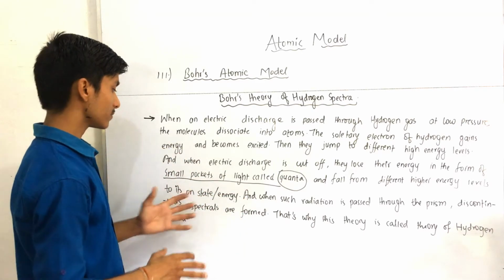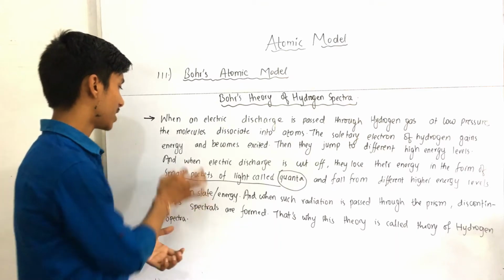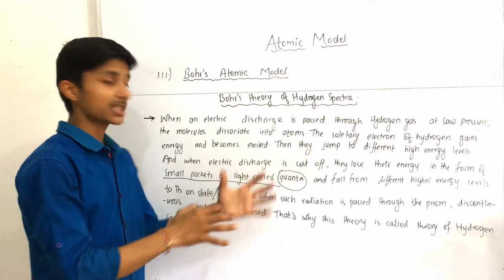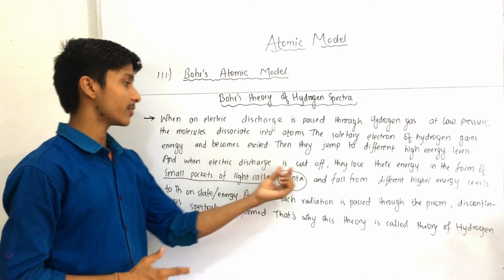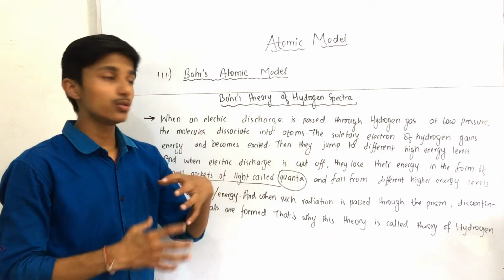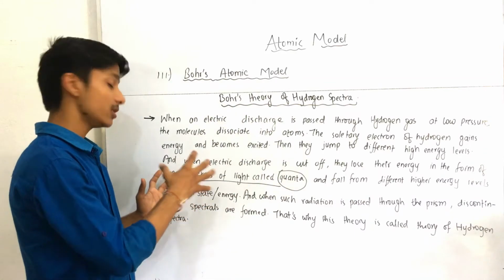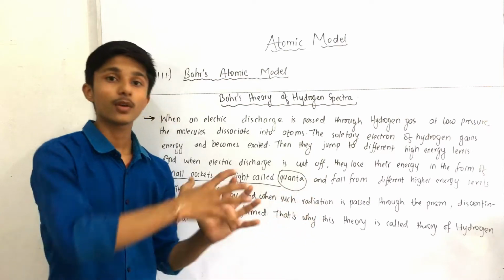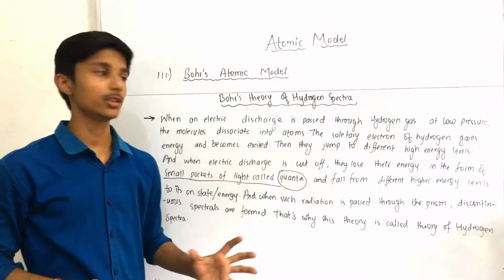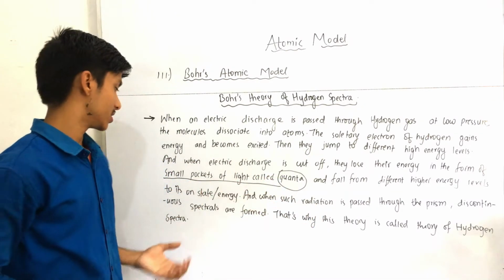So in the next part, when the electric discharge is cut off, what happens? They lose their energy in the form of a small pocket of light called quanta, and fall from different higher energy levels to their own state.